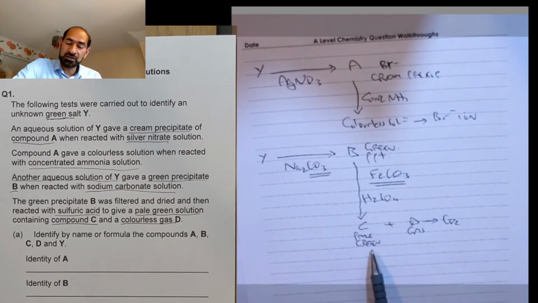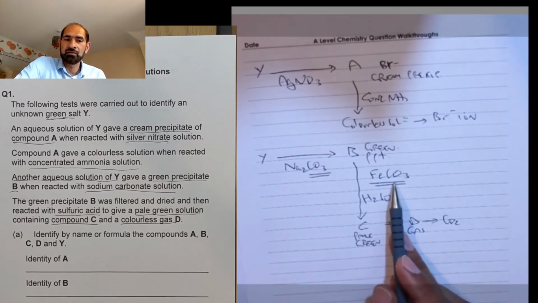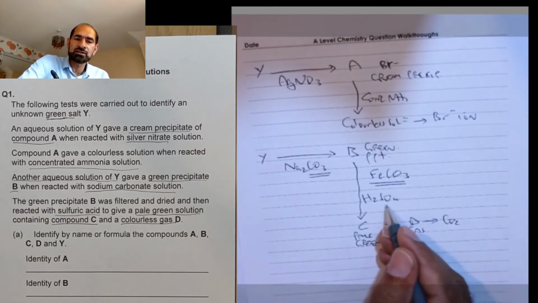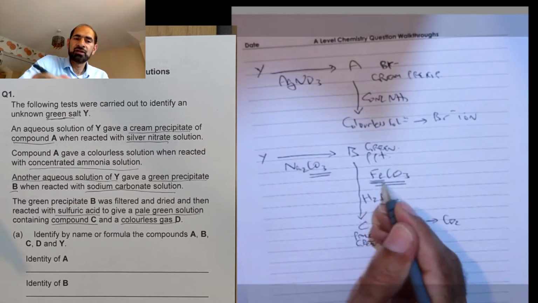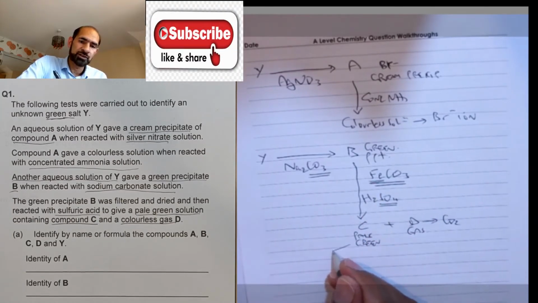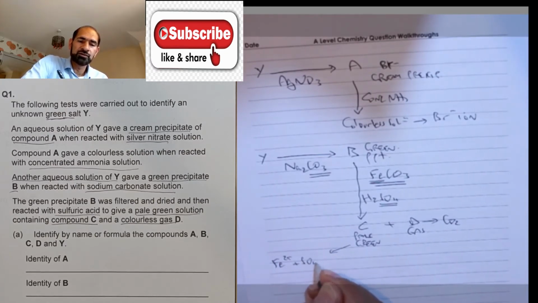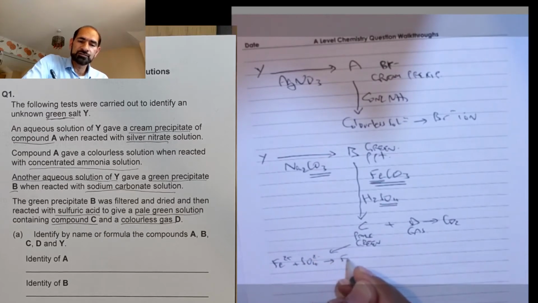Okay, so I'm still thinking, what's this pale green solution? What's happened is that the acid has reacted with the carbonate to give you carbon dioxide. And what's left from the acid? Well, the sulfate. And so the iron ion plus sulfate will give you, Fe2+ plus sulfate will give you iron sulfate.